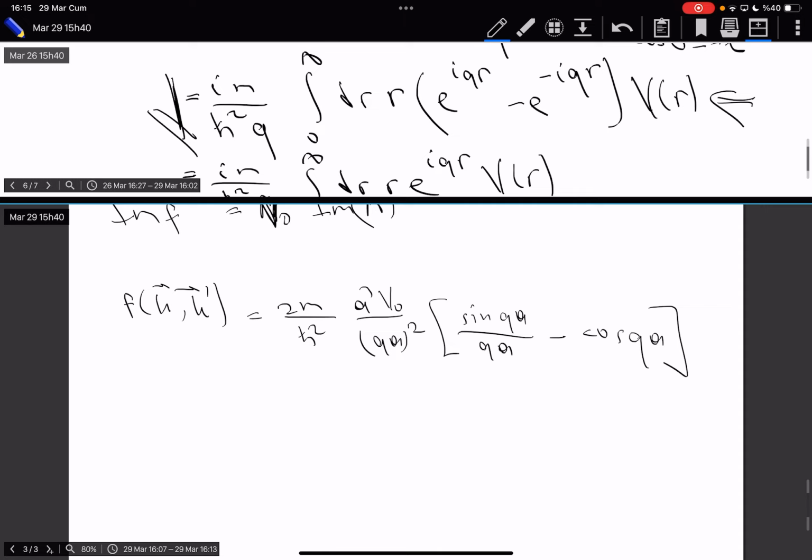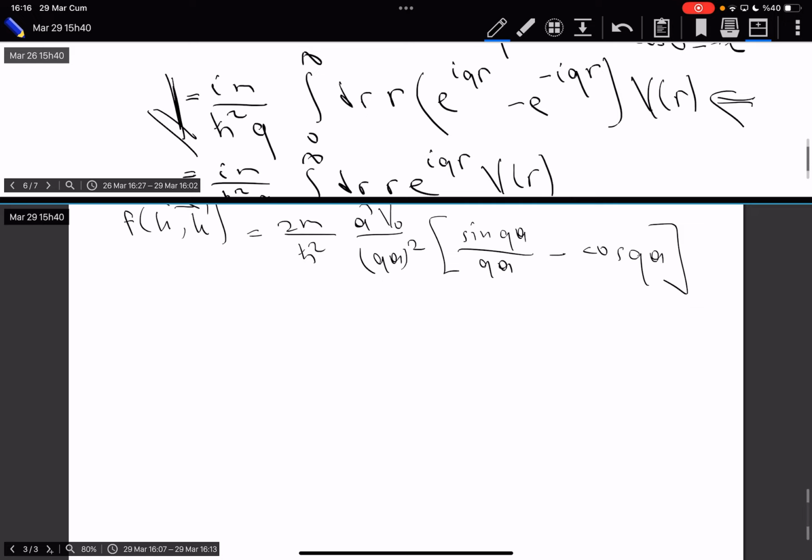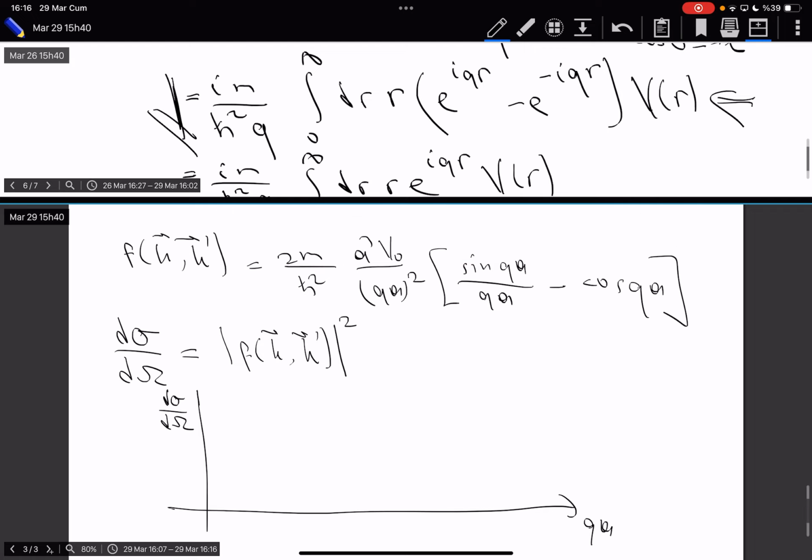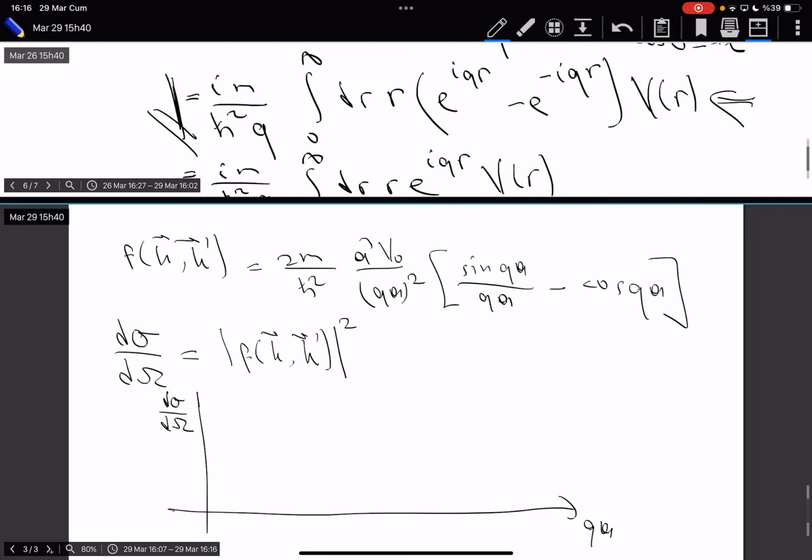So in fact, f has infinitely many zeros. So if you calculate the differential cross-section as a function of QA, but basically that depends on QA.